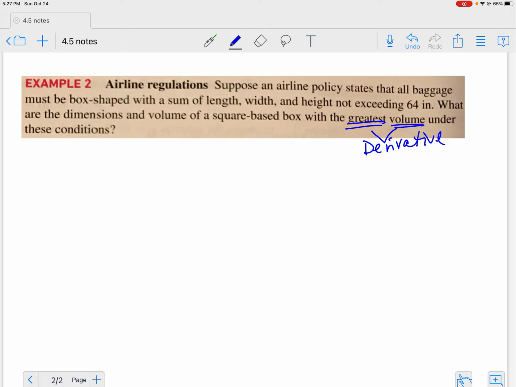These problems are wimpy problems. Do you really think an airline is going to say the only thing you can ever carry on is a box? No, much less one with a square base.